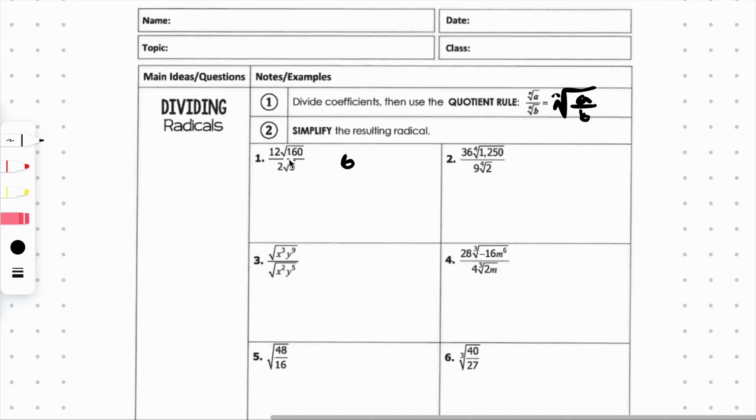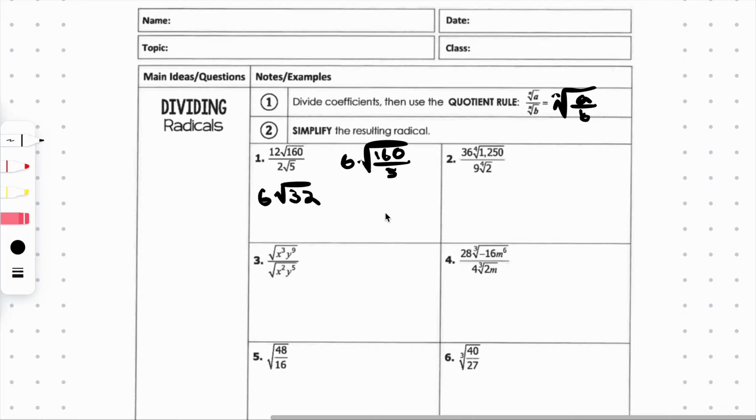And instead of writing root 160 over root 5, by our quotient rule, which I just described up here, we can say square root of 160 over 5. Now 160 over 5, there's 25s and 100 and 12 5s and 60. So that's going to give us 32. So this is going to be equal to 6 root 32.